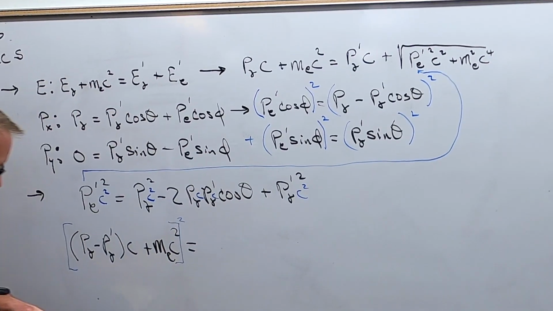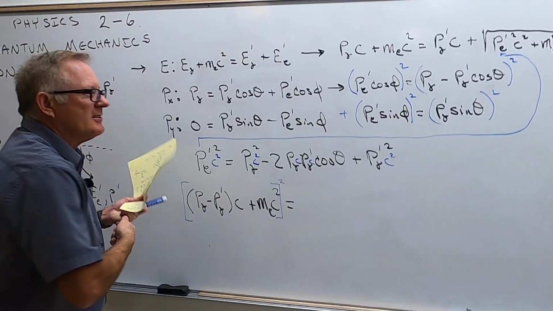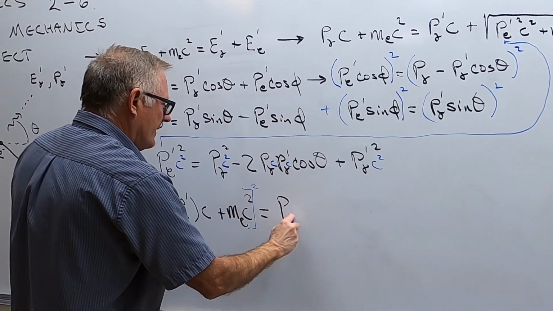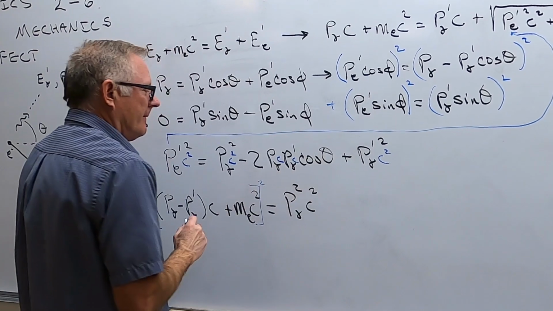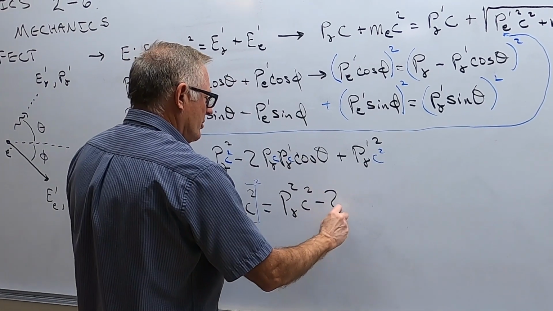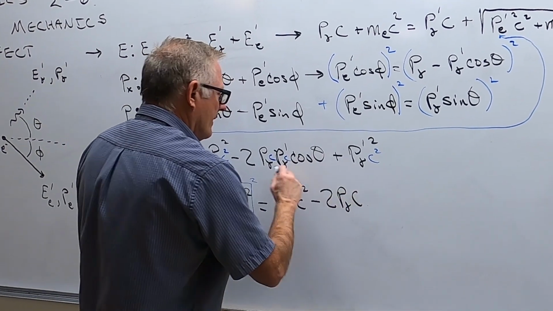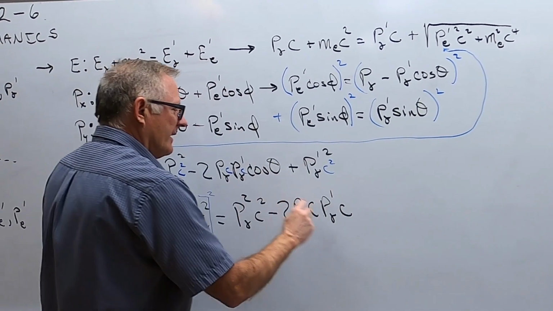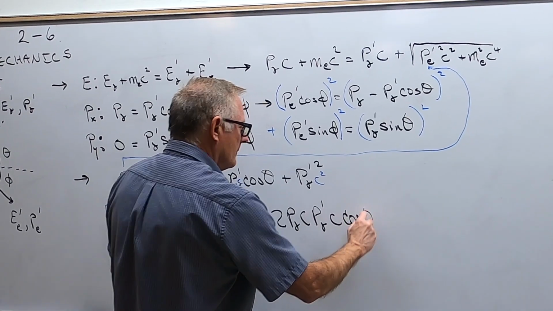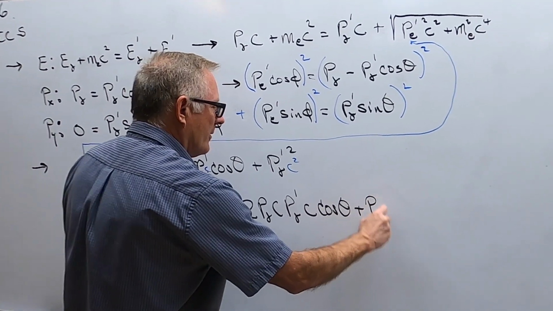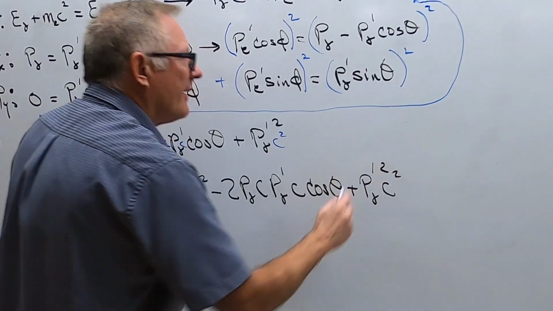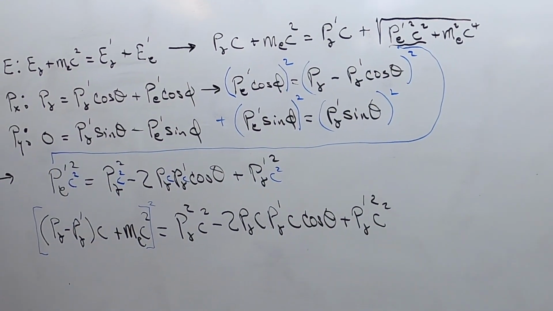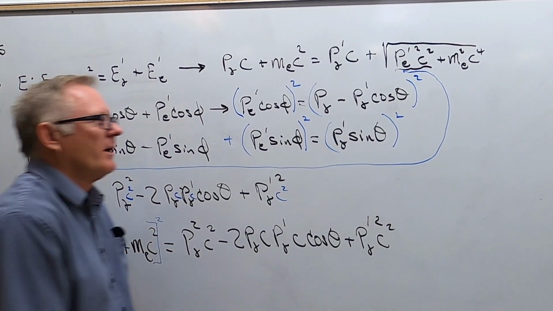So what I have on the right-hand side is all of this, which is P gamma squared C squared minus 2 P gamma C, P gamma prime C cosine theta, plus P gamma prime squared C squared. So that took care of all of this part of it right there. And then I have the plus M sub E squared C to the fourth.